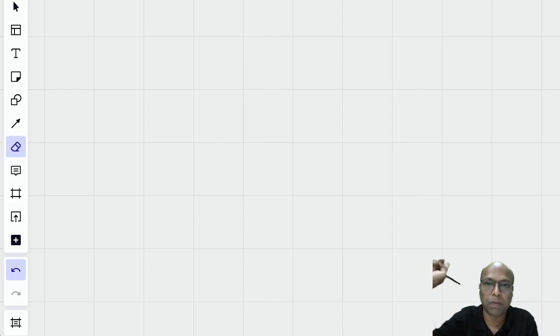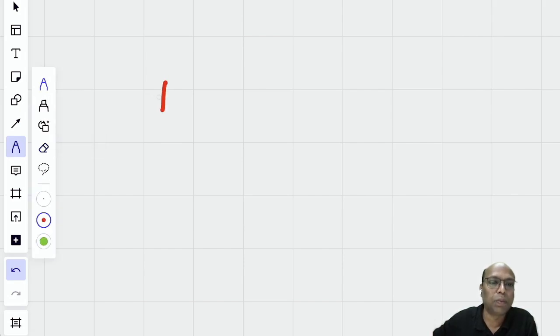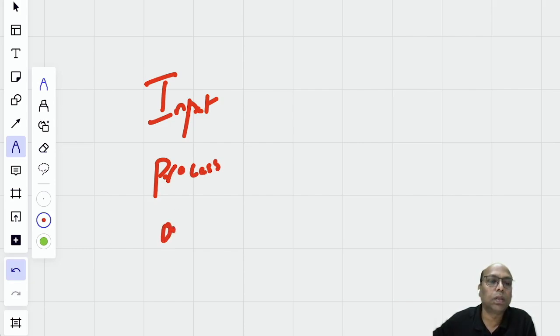First is an input, the second is a process, and third is an output. Whenever you write a solution to a problem, first you break it down into three steps. Then let's get into the programming part.